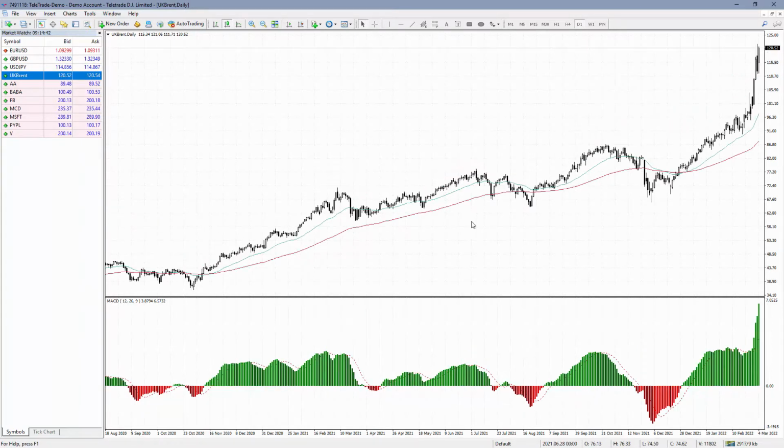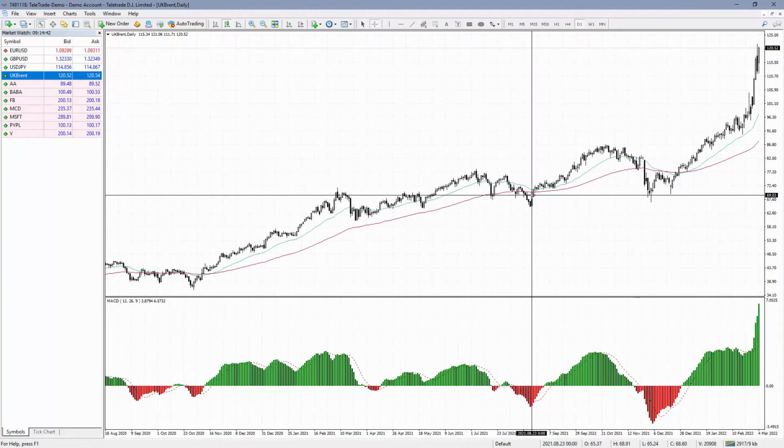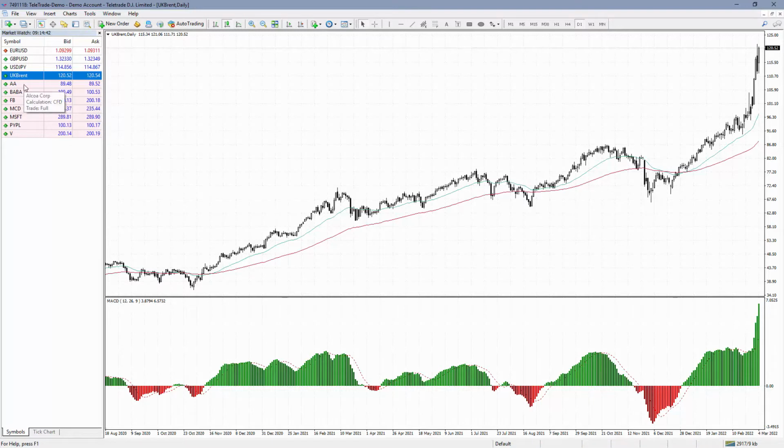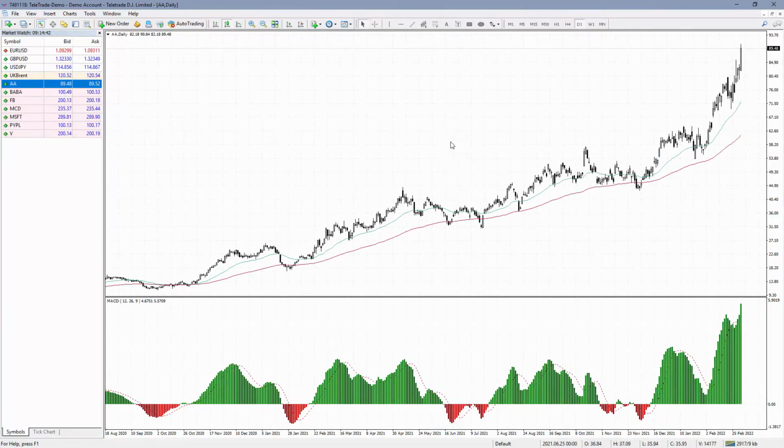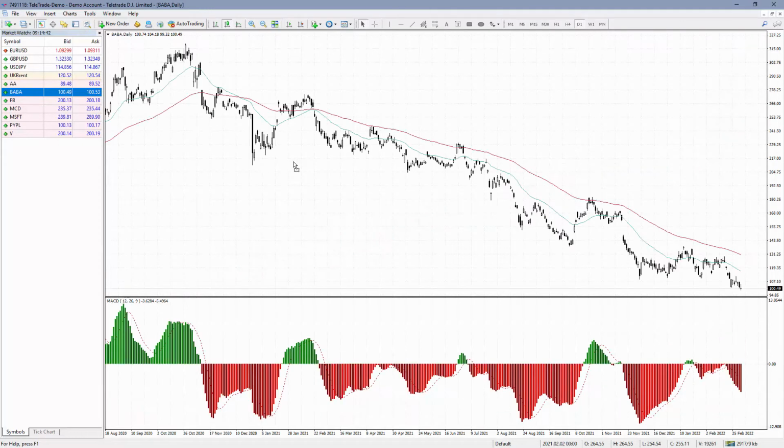UK Brent. Zone for purchase. Alcoa. Zone for purchase. Alibaba. Area for sale.